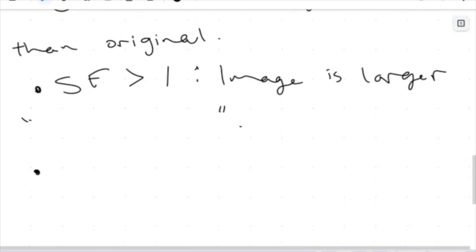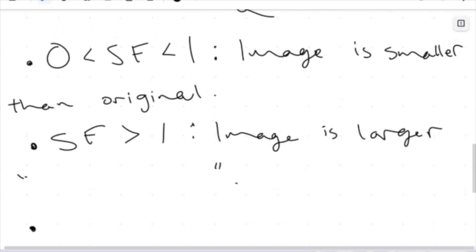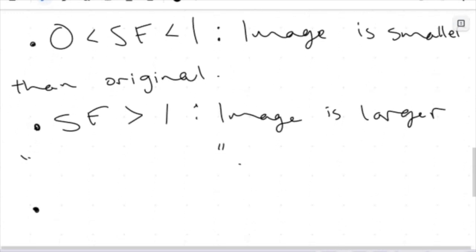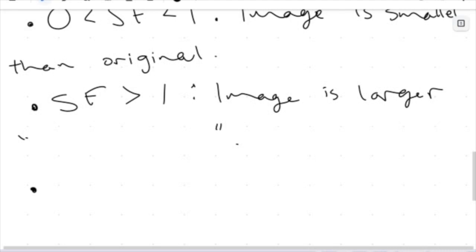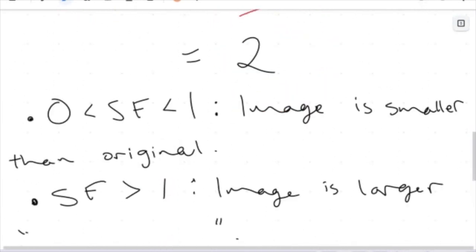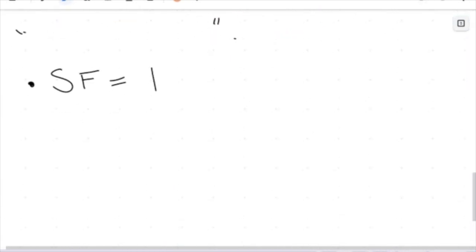Now, one more case. We've looked at between 0 and 1, greater than 1. What if the scale factor was equal to 1? Well, the only way we're going to get the number 1 for a scale factor is if the size of one thing is equal to the size of another thing, because dividing a number by the same number gives us 1.